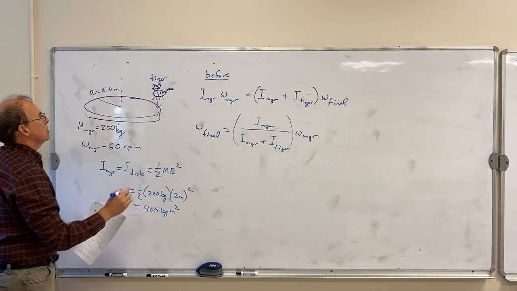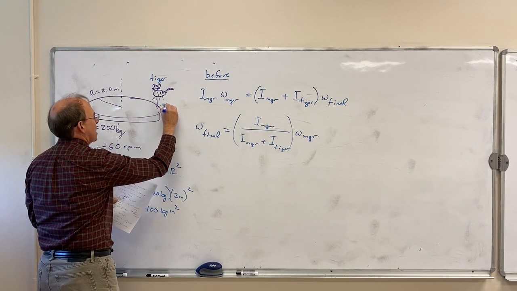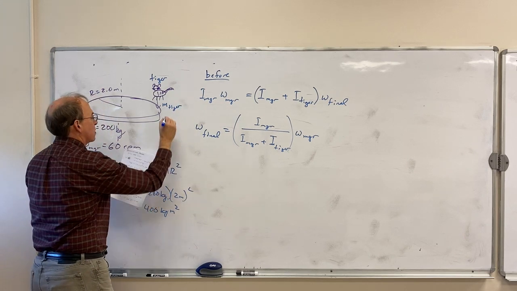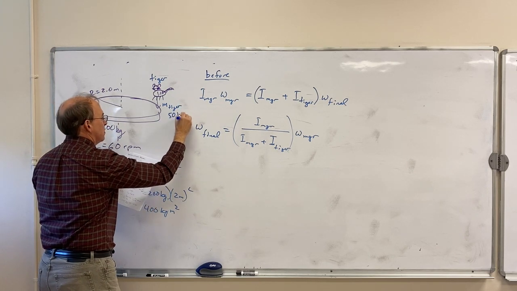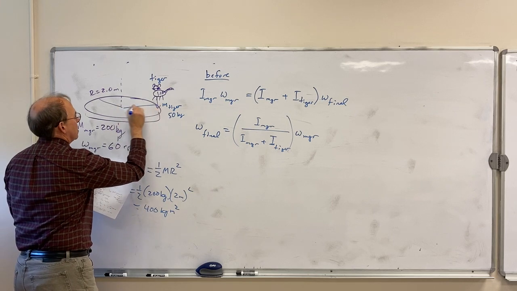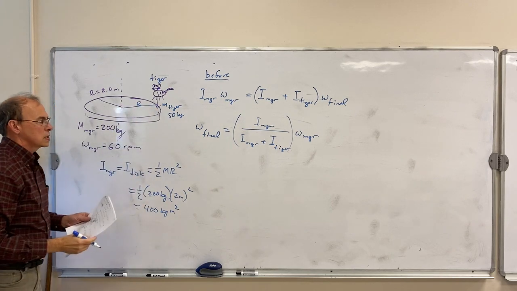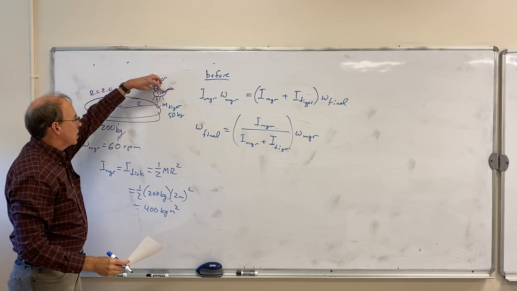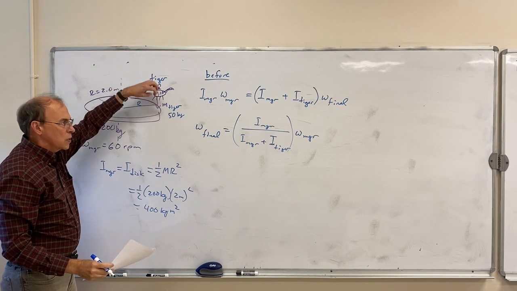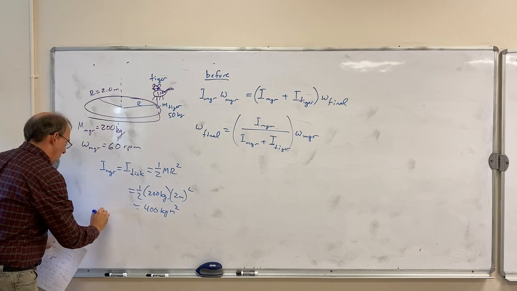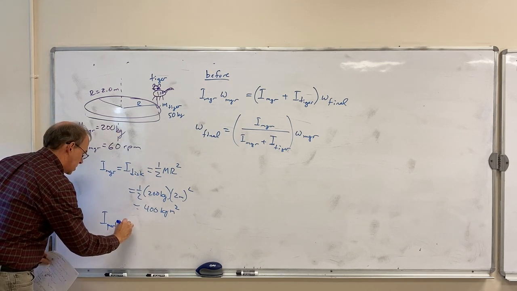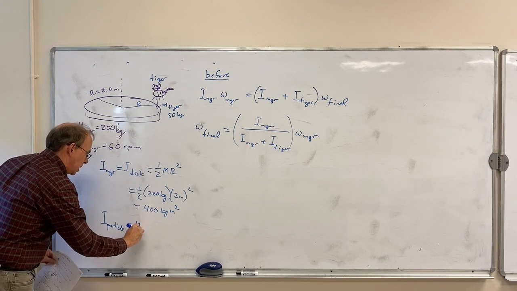I of the tiger, well, we got to know the mass of the tiger. I picked the mass of the tiger to be 50 kilograms, so it's not a very big tiger. It's out here at the full radius, and so I'm treating it as a particle, as if I've just dropped a glob of something on it. For a single particle, I at some radius is just given by mr squared.